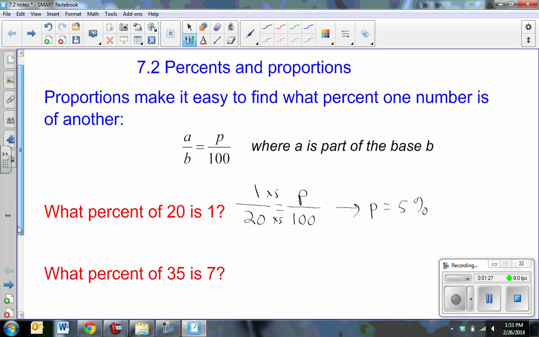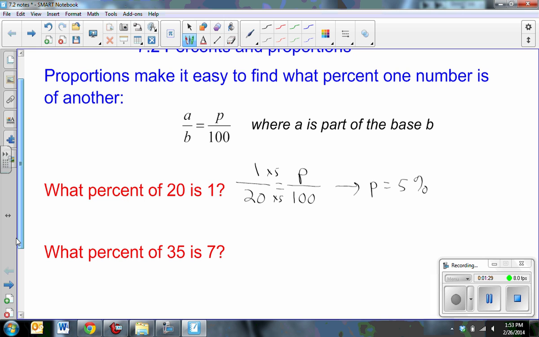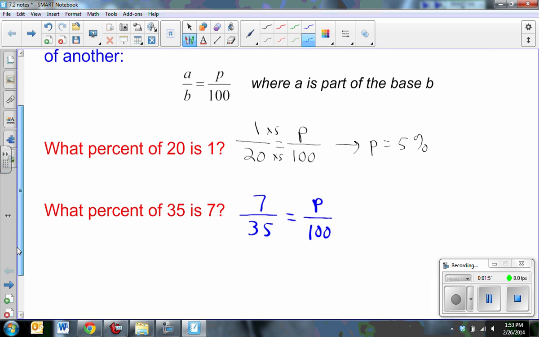Okay? What percent of 35 is 7? Okay, so can you think about which is A and which is B? If you're thinking 7 is A, it goes 7 over 35 is equal to P over 100, right? So shall we cross multiply, or can you think of another way to do it?